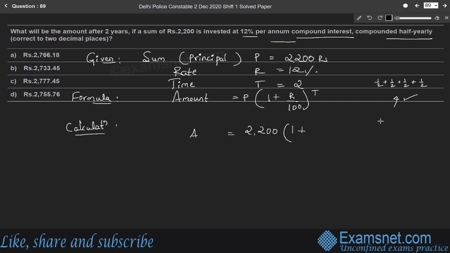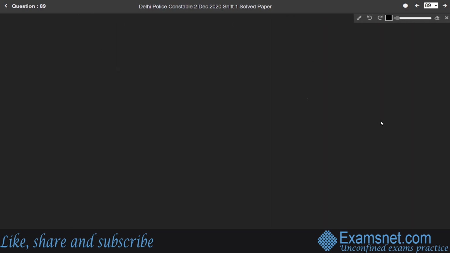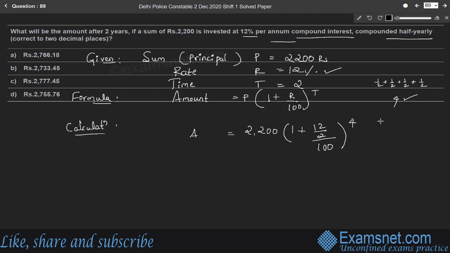Therefore, 1 plus rate of interest, it gets halved. That means 12 by 2, R by 2 divided by 100 to the power of 2 into 2, or directly it is 4. So per year, twice the interest is calculated. So it becomes 2 into 2. For 2 years, it becomes 4, right? Therefore, 2200 into 1 plus 6 by 100 to the power of 4.